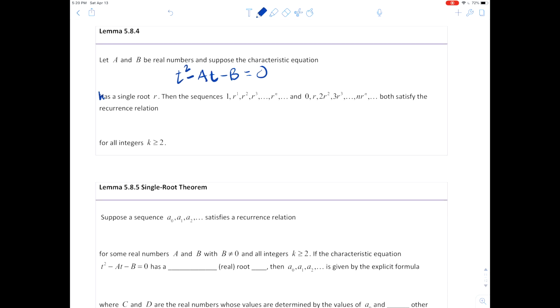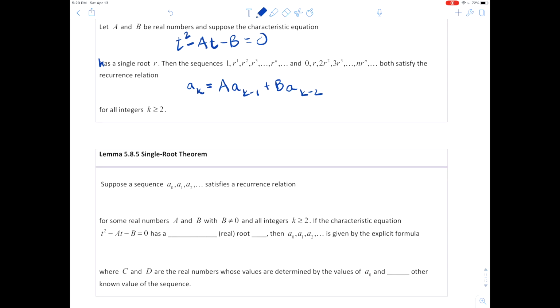Then the sequences 1, r to the 1, r squared, r cubed, all the way to r to the n, and 0, r, 2r squared, 3r cubed, all the way down to n r to the n, both satisfy the recurrence relation a sub k equals a times a sub k minus 1 plus b times a sub k minus 2 for all integers k greater than or equal to 2.